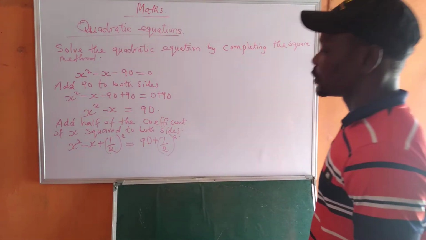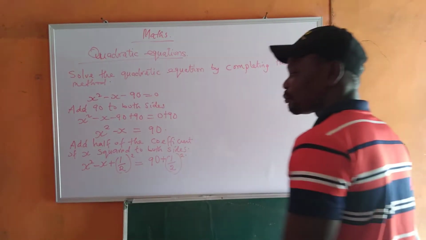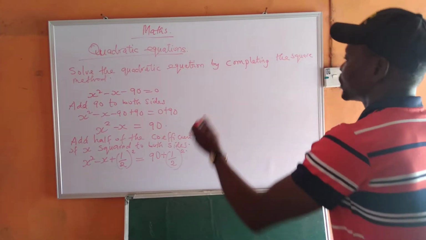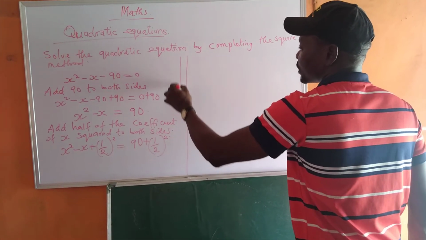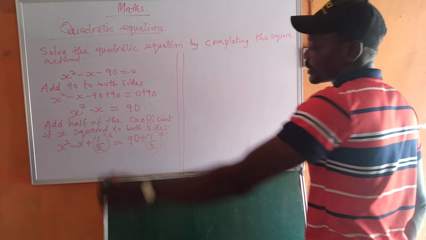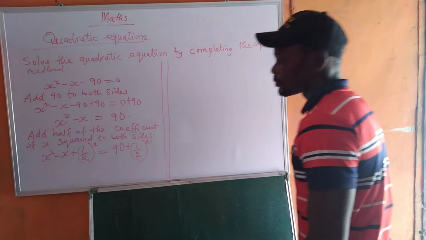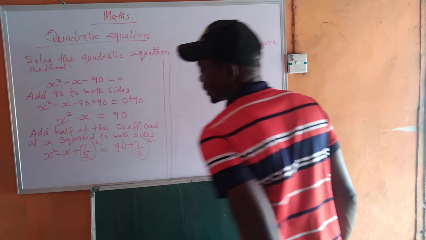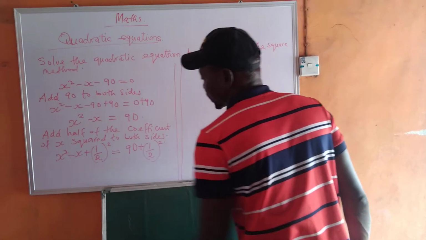Now, after doing that, you find a way of factorizing this one in a simple manner, like just what I'm going to do now. Using this method I'm going to show you will make it easier for you to get it right. So you don't have to trouble yourself. You just need to pick the value here, followed by the sign that is here. Then you have what is here. That's how you now square everything on both sides.